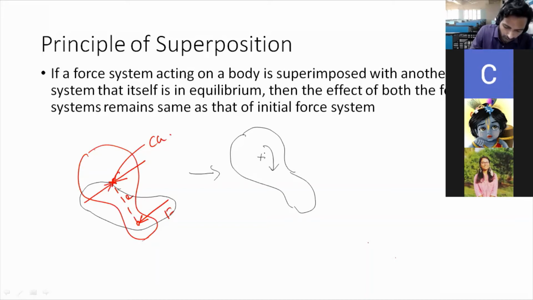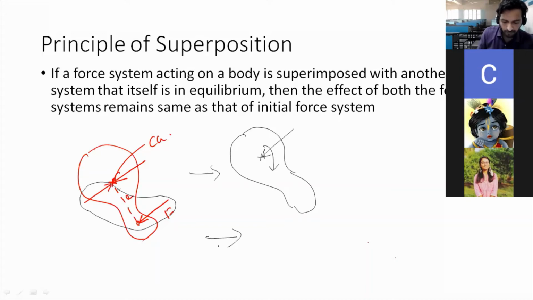Now we can say there is a force acting as usual, and along with that there is a couple. So an eccentric force is a combination of two: a force and a couple. Now do you get it? How to solve an eccentric force is by using the principle of superposition. You consider equal and opposite forces, take a couple out of it, and add both.